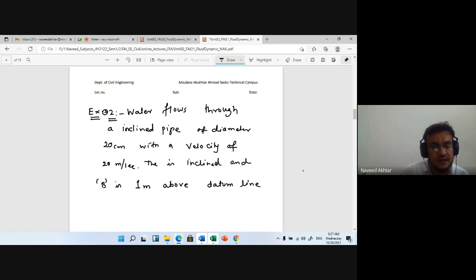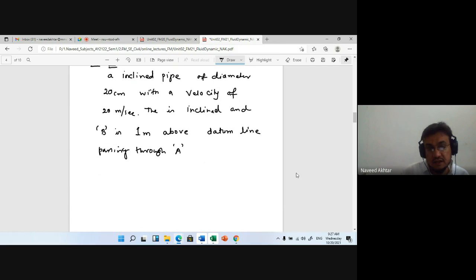The datum line is passing through A. That you have to understand. Example you have to understand.